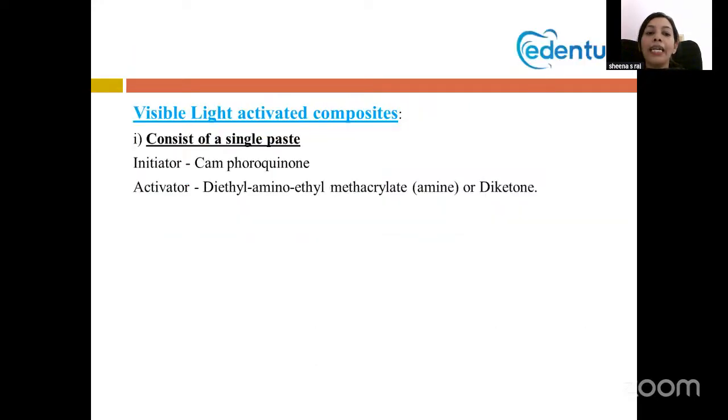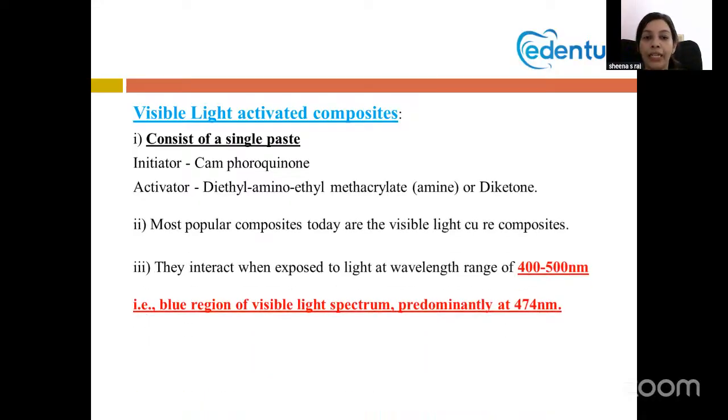Now, visible light has camphorquinone as an initiator, and the activator is a diketone, which is also an amine. This is the most popular composite that is used, where visible light is used. And again, a question: what is the wavelength of the light that we use? It is of the blue spectrum, which ranges from 400 to 500 nanometers, and the correct value is 474 nanometers.